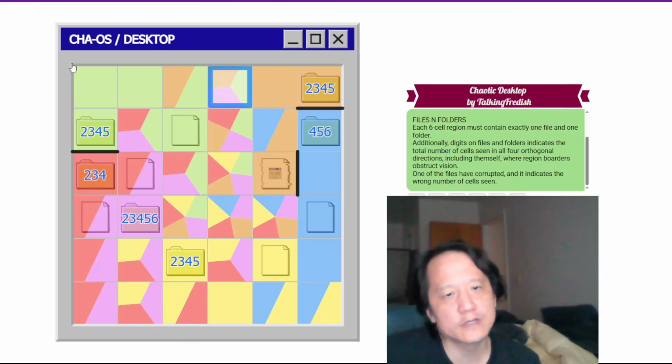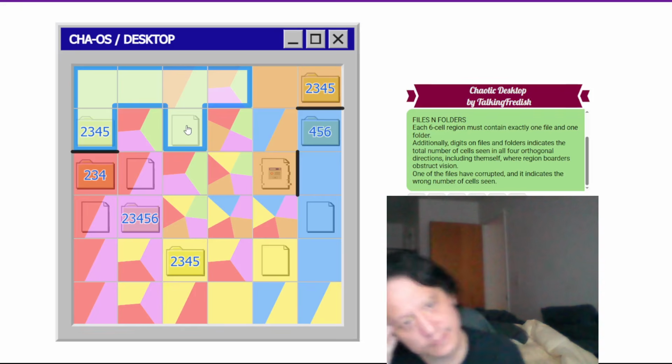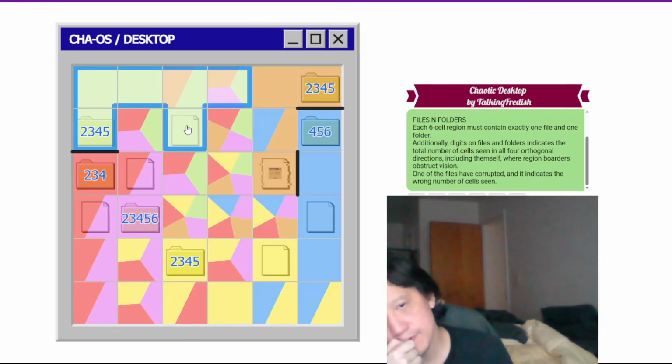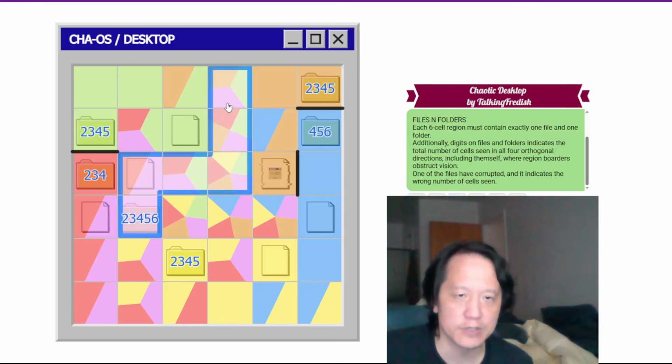Green could technically do something like this. Okay, so pink can no longer get up to here.